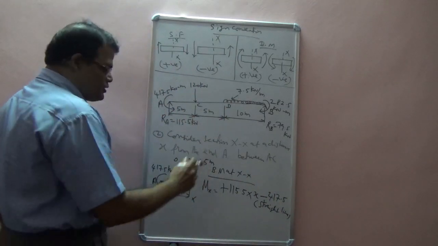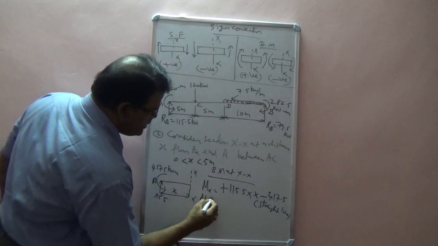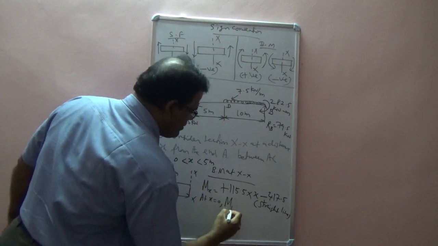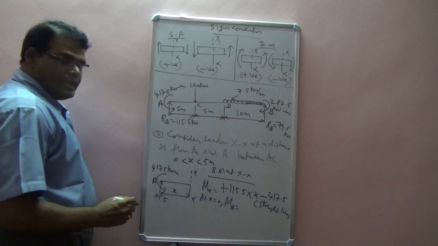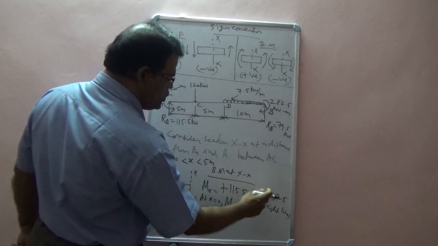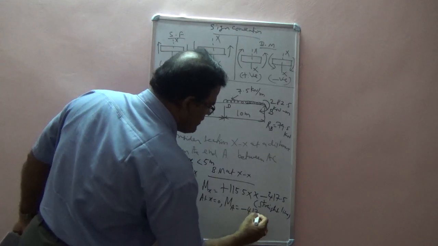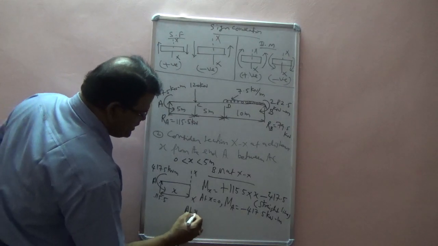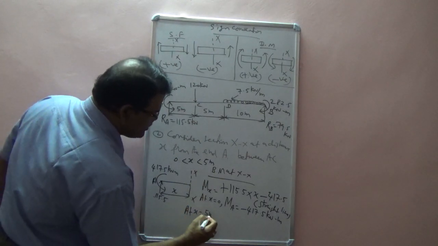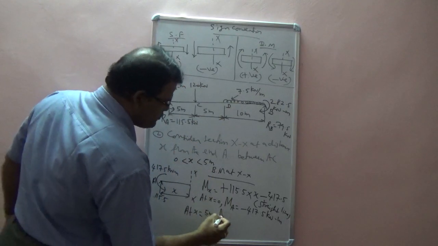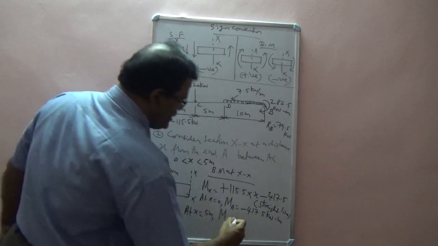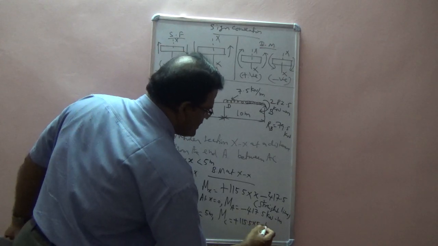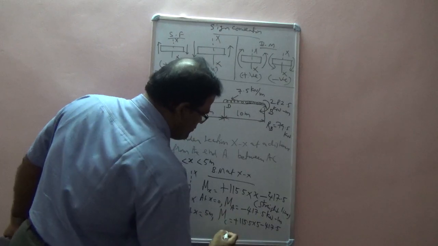Now substitute the boundary condition. At x is equal to 0, that indicates point A, therefore the bending moment at point A is denoted as MA, x becomes 0, therefore it will be minus 417.5 kilonewton meter. Next, at x is equal to 5 meter, that indicates point C, therefore the moment at C denoted as MC will be equal to plus 115.5 multiplied by 5 minus 417.5.